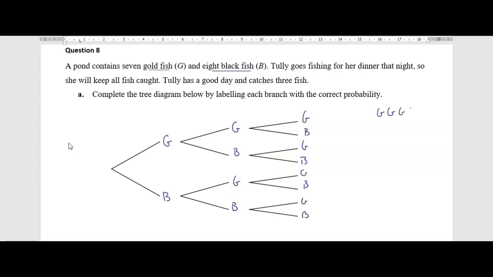So 1, 2, 3, 4, 5, 6, 7, and 8 black. 2, 3, 4, 5, 6, 7, 8. So you don't have to write this down, but I just want to show you how you do your probabilities. So we've got 7 goldfish out of a total of 15 fish. So the probability of getting a goldfish is 7 over 15.